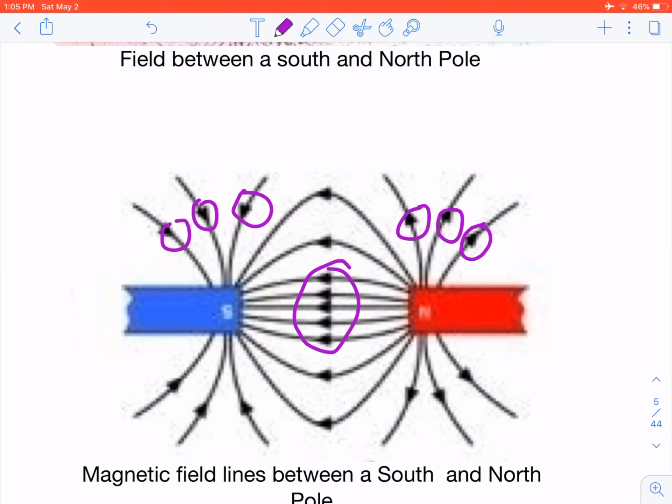And what you also need to remember is that, whilst I've represented them here, they actually form loops. So when we have a south pole and a north pole, we find that they attract each other.